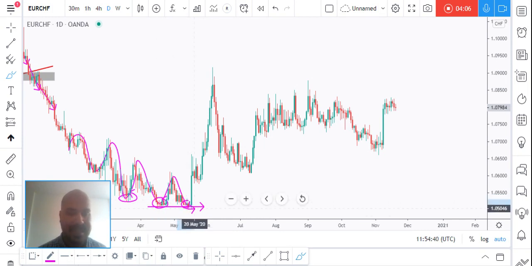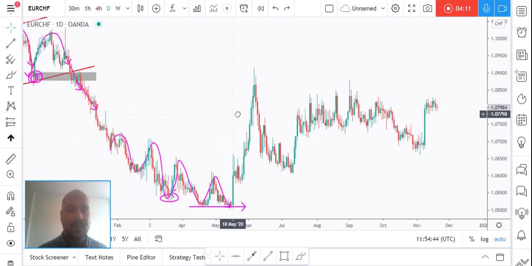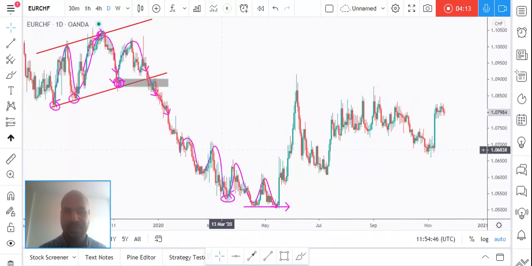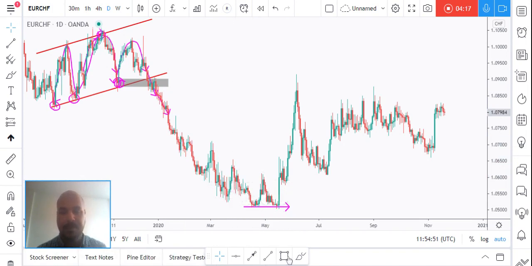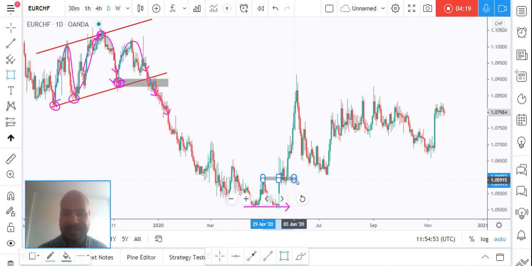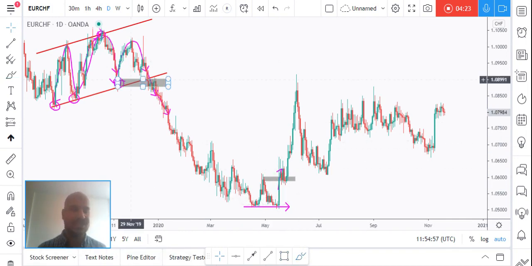It made an equal low, which is also our first alert that a potential reversal might happen. And the reversal was confirmed after this last swing high was broken upward. So market overall bullish, broken, bearish, now broken, bullish.